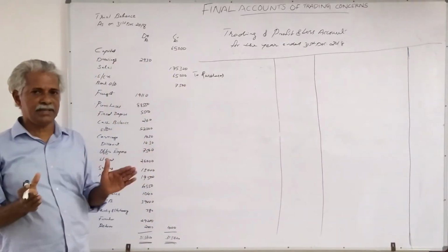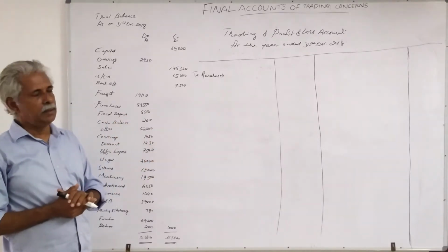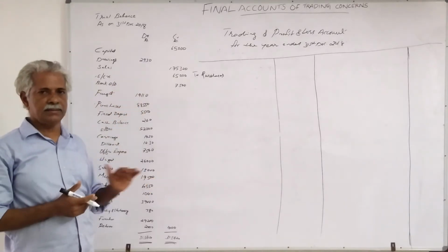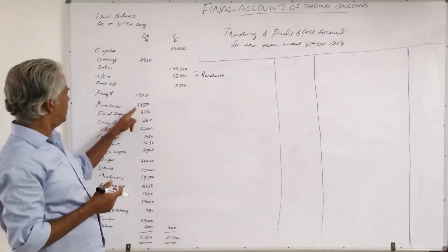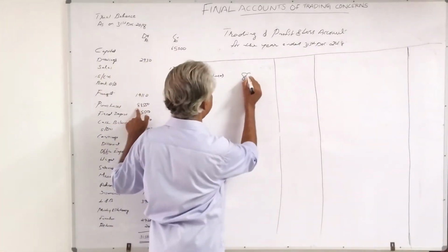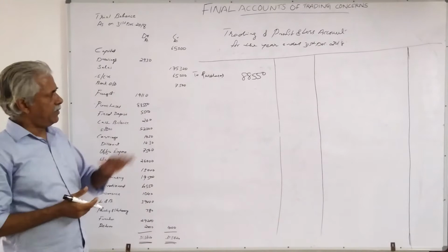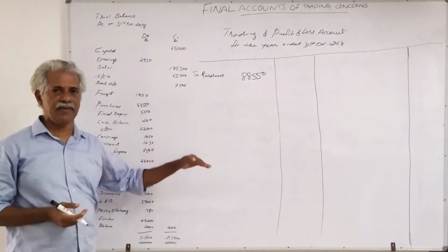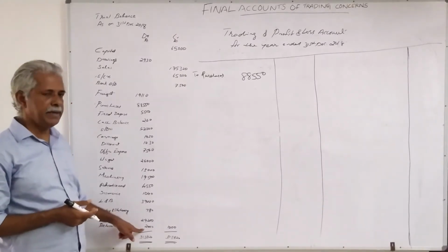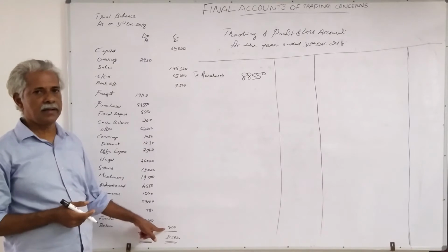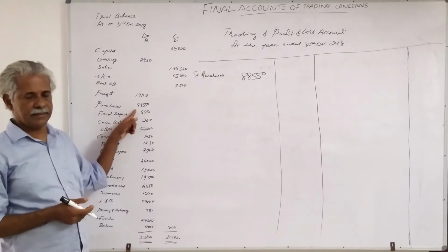Purchases means the net purchases. Net purchases is equal to total purchases minus purchases returns. Here the total purchases given in the question is 88,550. Out of which we have to subtract purchases returns if any. Here two returns are given. One in the debit column, another in the credit column. Purchases represents a debit balance.